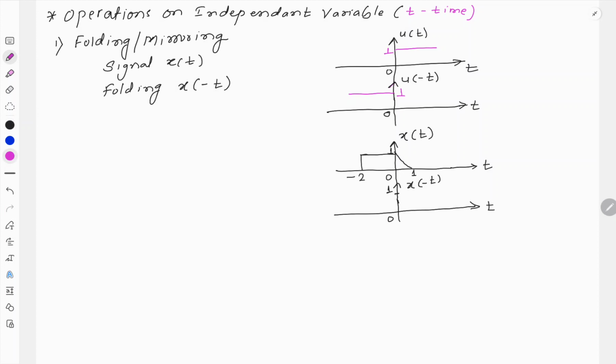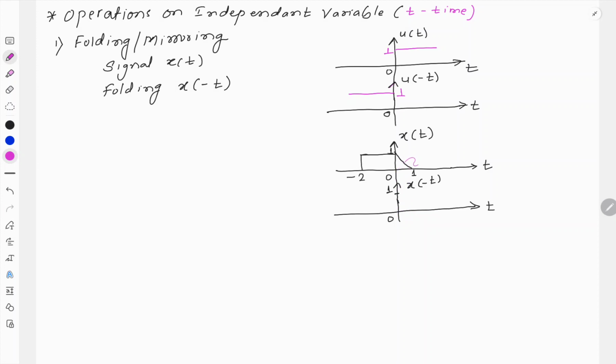Now we are supposed to draw the folded version of this signal. So as we know, if we keep a mirror on the y-axis, whatever is seen towards the right-hand side, that is quadrant number 1 and 4, will be folded and drawn in quadrant number 2 and 3. Similarly, whatever is available in quadrant number 2 and 3 will be drawn in quadrant number 1 and 4.